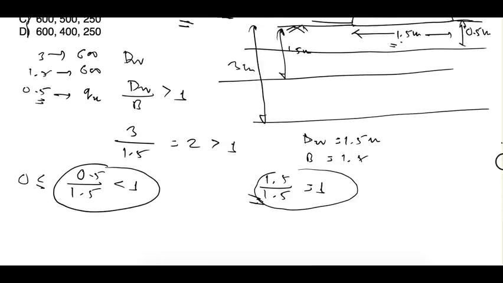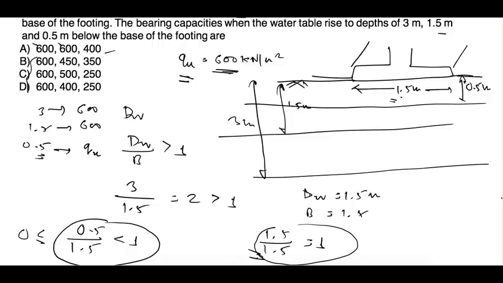When the water table is at 1.5 meter, this value is equal to 600, and when it reaches the surface, we know that in case of cohesionless soil the bearing capacity is reduced to half. This value here is 300 kilonewton per meter square when the water table comes at the surface. So between these two values we can linearly interpolate.